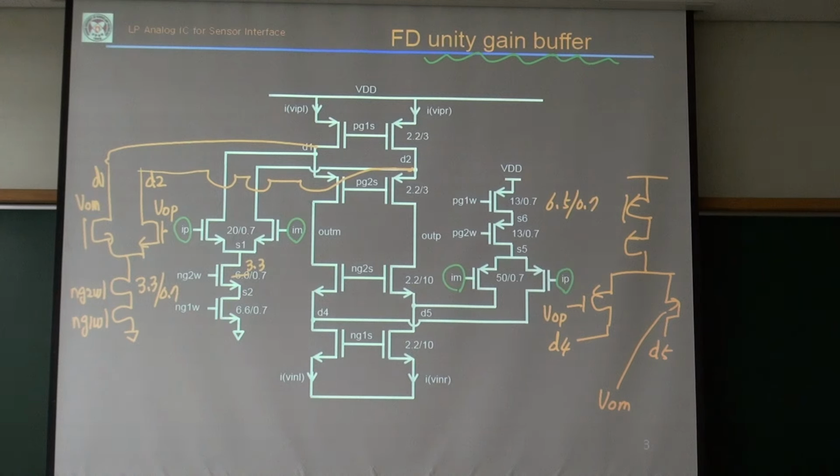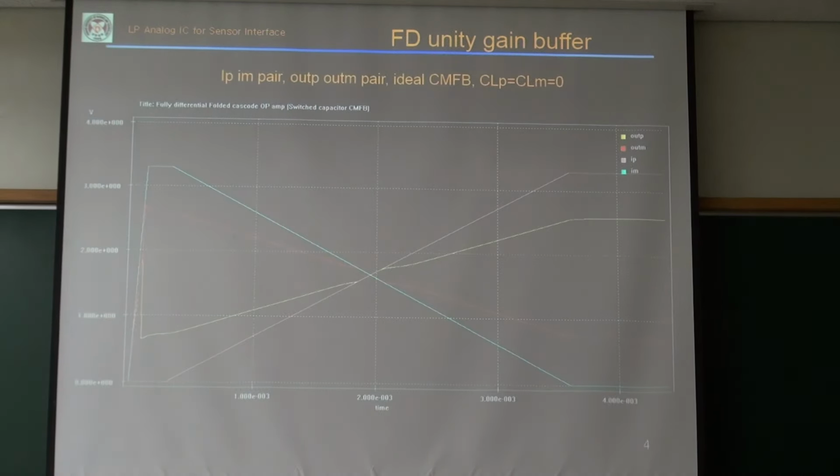It looks like it should work, right? However, it didn't work. The input VIP changes from 0 to 3.3 volts, and VIM changes from 3.3 volts to 0 volts. Then my output, VOP in yellow and VOM in red, doesn't track.